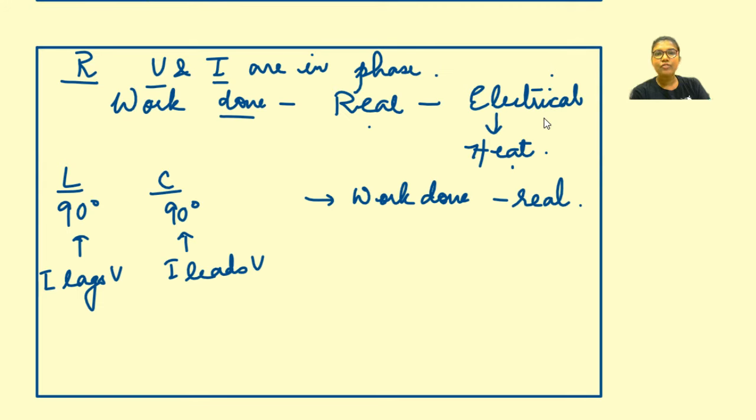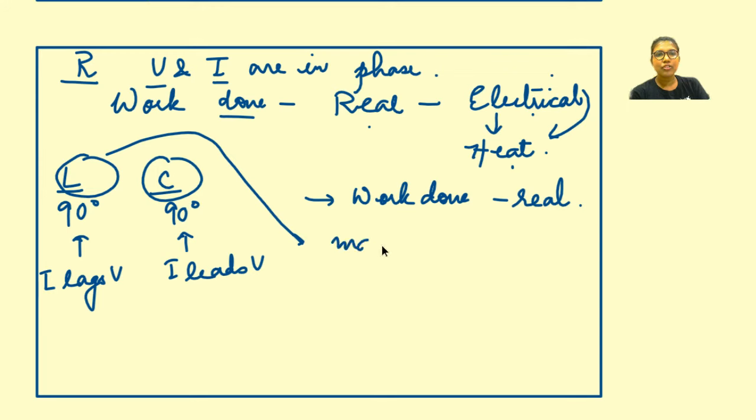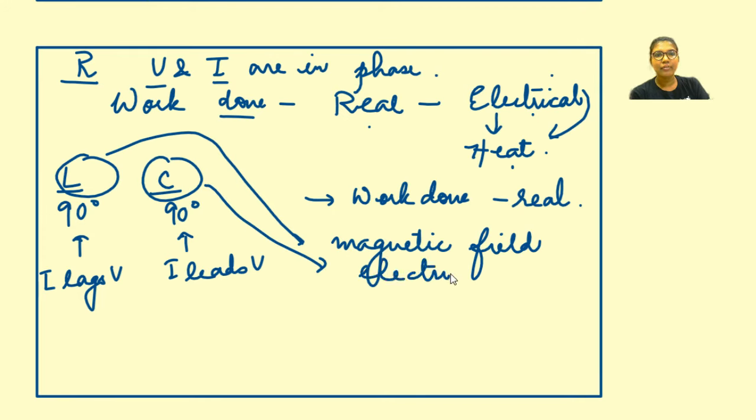It does not directly convert electrical energy to heat energy. Rather, what do these two elements do? They help in converting that electrical energy into fields. The inductor will help in the generation of a magnetic field, and a capacitor will help in building up an electric field.